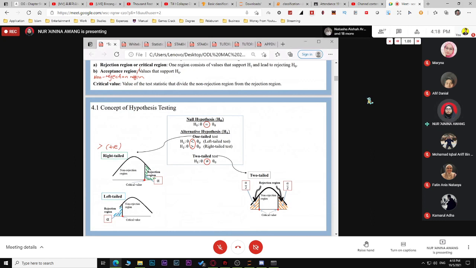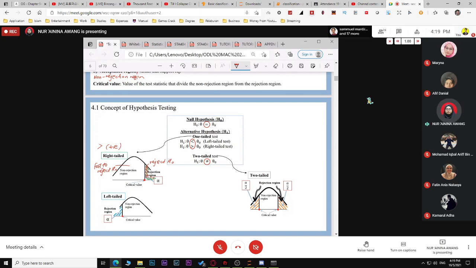Now our case is on right tail, positive value, so we know that we will reject on the positive side. So this will be your rejection region. If the value of test statistic lies in this region, we will reject H null. But if the value lies on the non-rejection region, we will fail to reject H null.